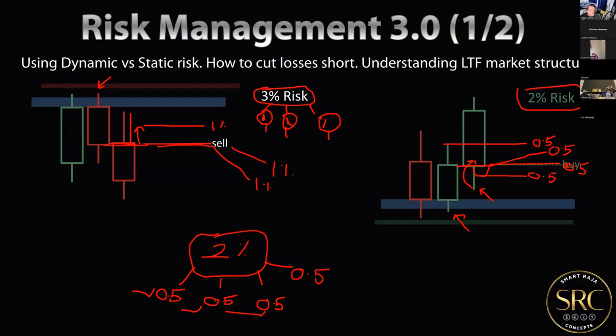So this whole idea of stacking positions and adding positions is well executed on dynamic risk. You can't just say, oh, I'm going to keep on doubling orders. That's totally up to you.